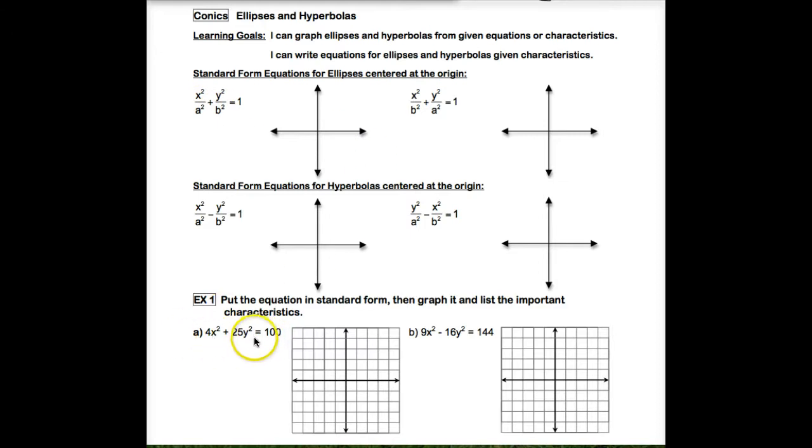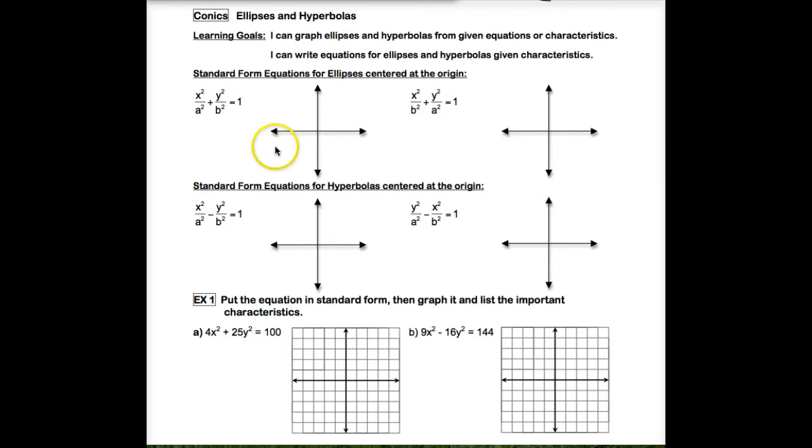This doesn't look like it's in fraction form, but if you divide by whatever the constant is, you'll get it equal to 1, and you've got an a squared and a b squared, so a denominator under each of those. If what is between those is addition, it's going to be an ellipse. If it is subtraction, it is going to be a hyperbola.